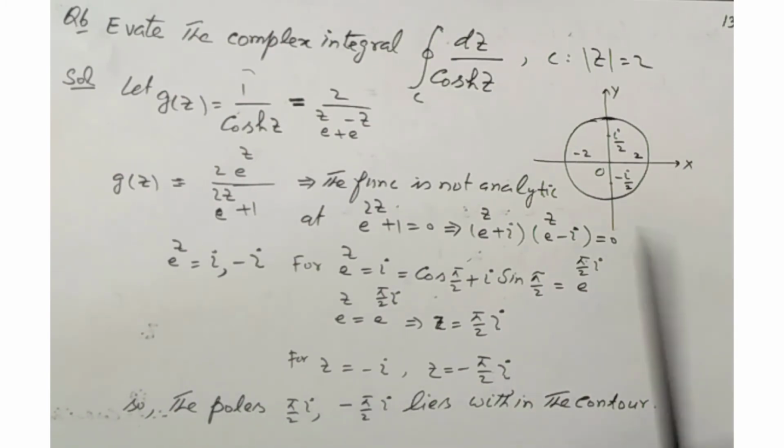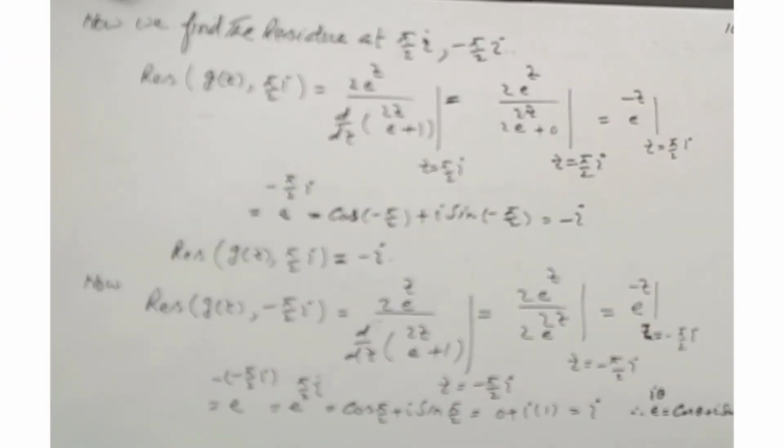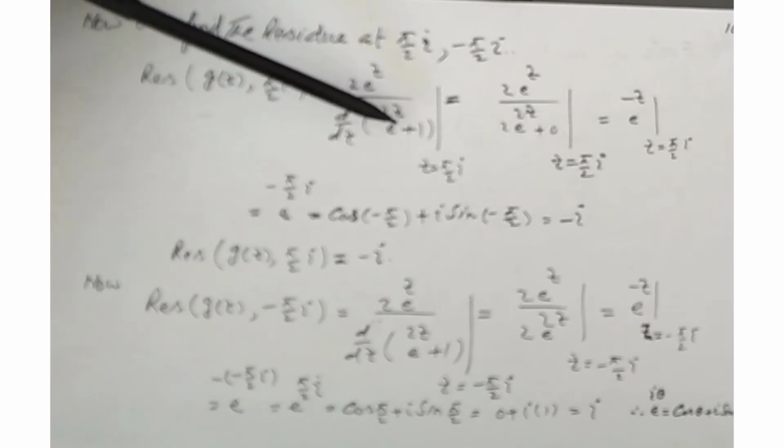Both lie inside the contour. Now we find the residue at pi by 2 iota and minus pi by 2 iota. The residue of g of z at pi by 2 iota is 2e^z over the derivative of e^2z plus 1.